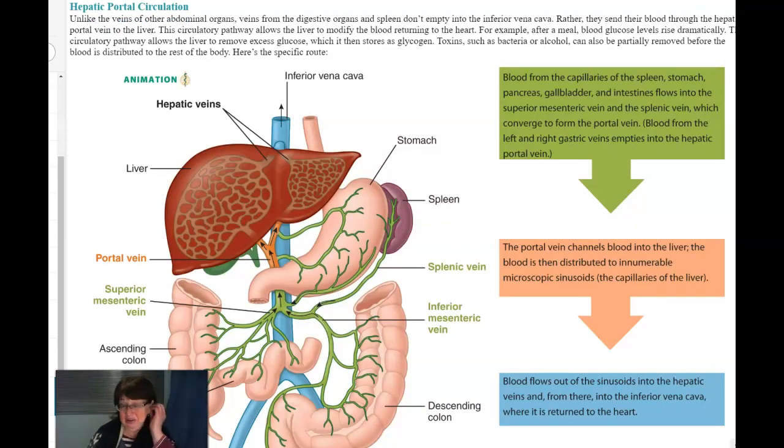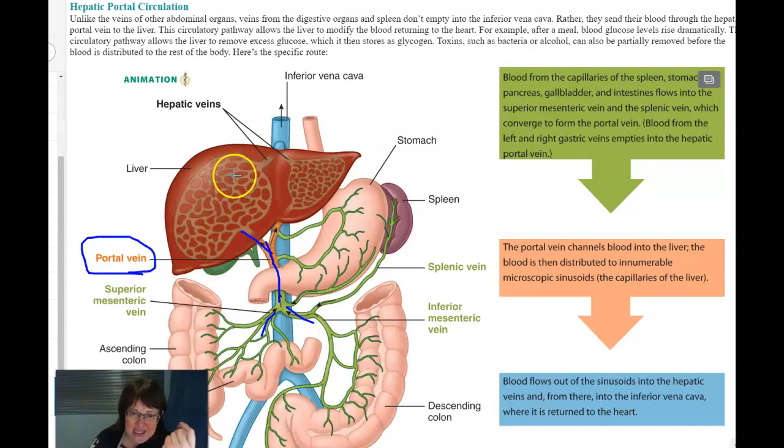And if you think of the fact that it's collected off all the organs, all that digestive stuff needs to be processed. So all these blood vessels go into a common one called the hepatic portal vein, and that sends it to the liver.